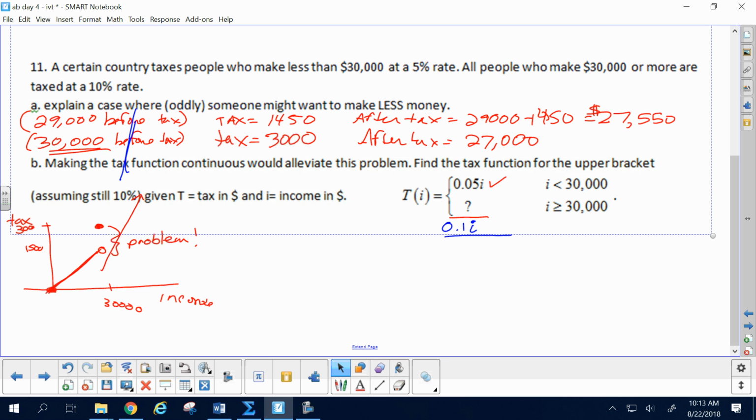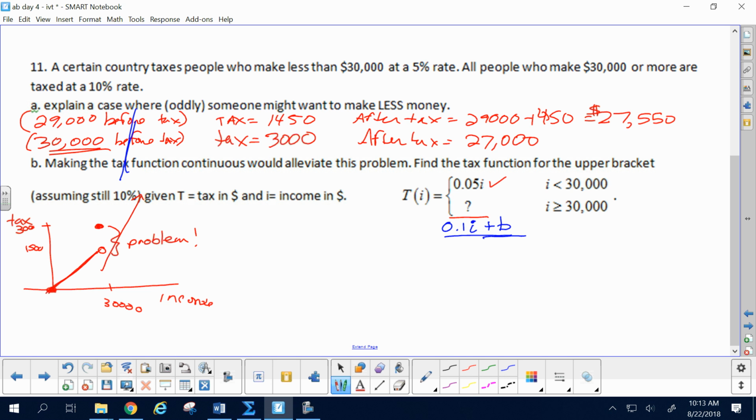Where it crosses the y-axis, or the y-intercept, right? Are you with me? I feel like I'm not. I need to figure out something to add or subtract to shift the whole line to get continuity. Are you with me? All right. Now the question is, what does that have to be to make that shift happen?